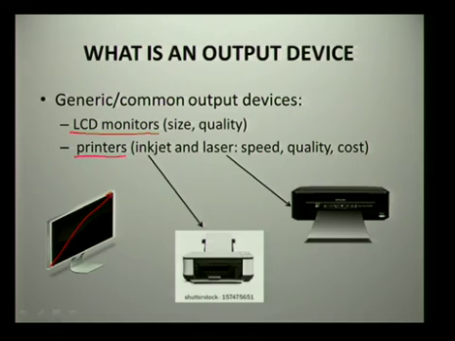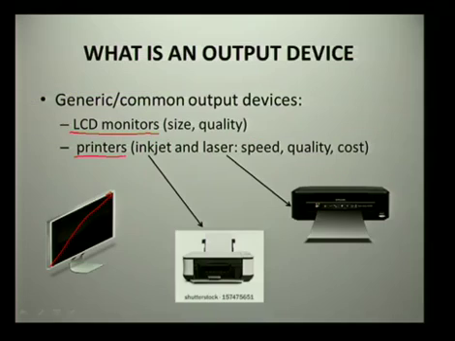Another form of output device would be your printer. When you get output in the form of a printout, that simply means that your output is now a hard copy. We've got different types of printers. You get your inkjet, you have your laser.